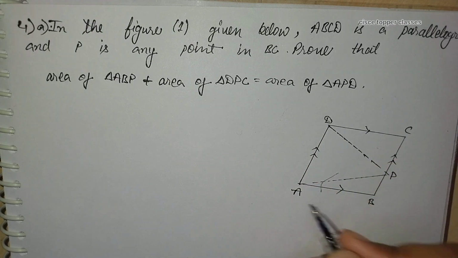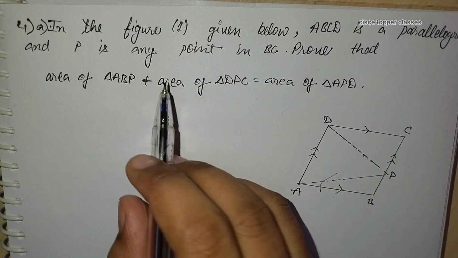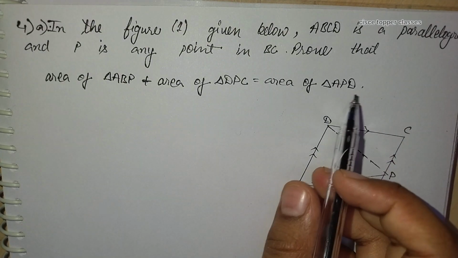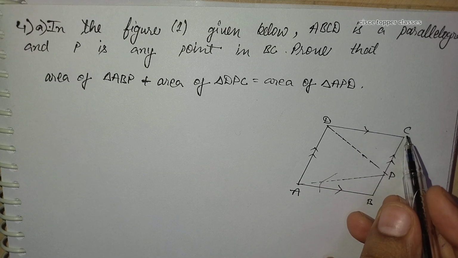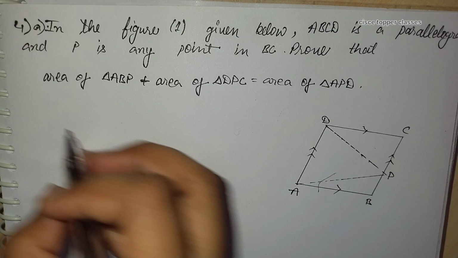In the figure given below, ABCD is a parallelogram and P is any point on BC, then prove that area of triangle ABP plus area of triangle DPC is equal to area of triangle APD.